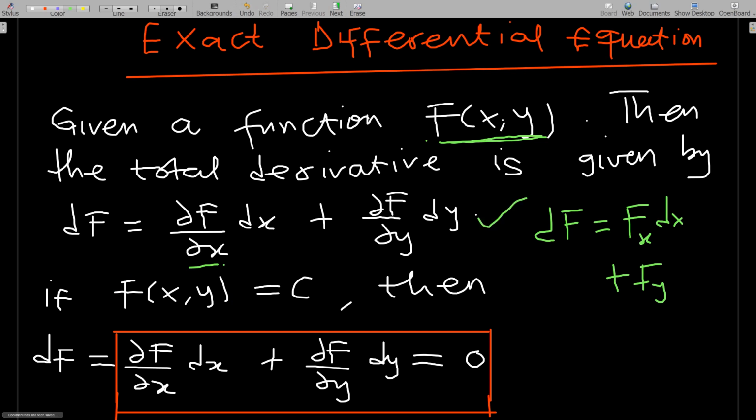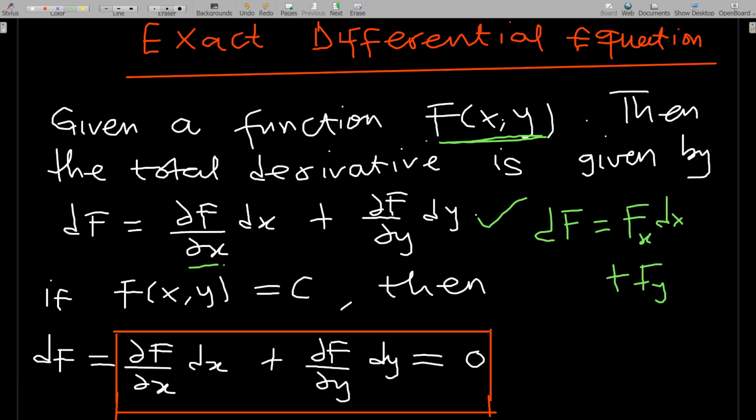It should be equal to the total derivative of the constant c, and when you differentiate a constant, we all know you get 0. So we have del f del x dx plus del f del y dy equals 0. Note that del is different from d.